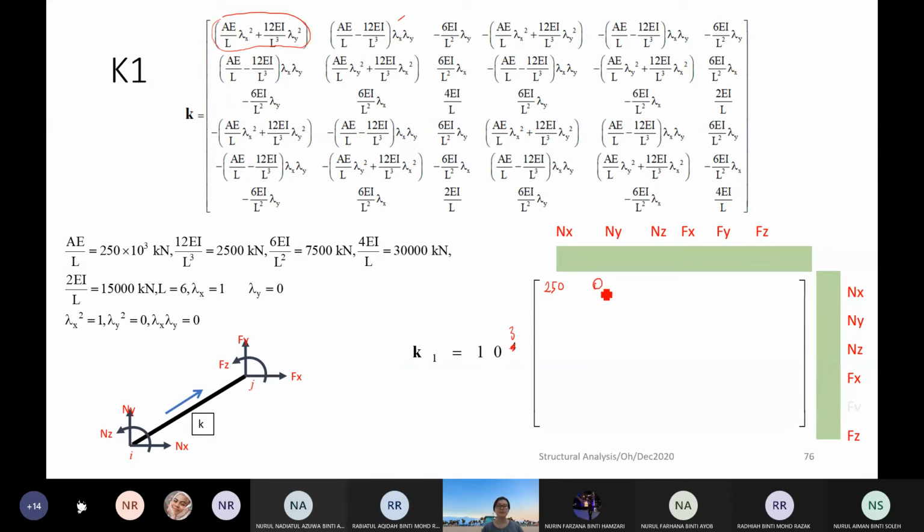Yes, you're right. This is 0. Negative 250. Yes. 0 and 0. 0, 0. Yes.